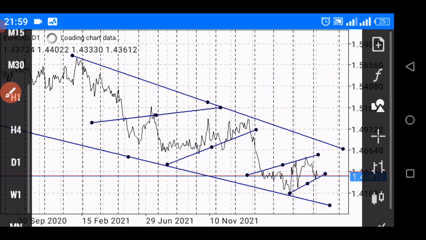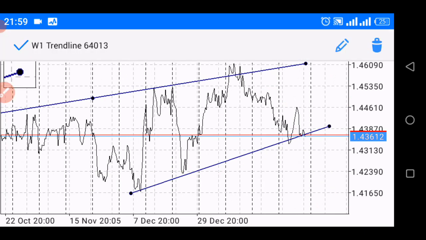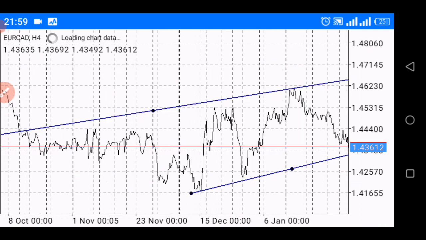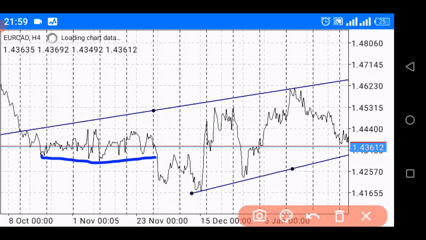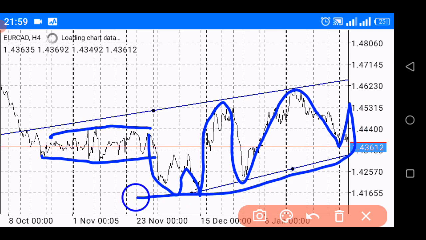So let's go to 4 hours and let's look at price movement. This is what I'm saying. We have a tiny corrective movement here, then we have a breakout, then we have a larger corrective movement here.